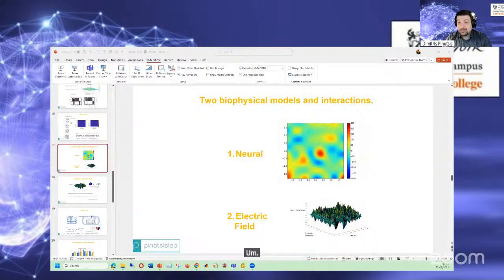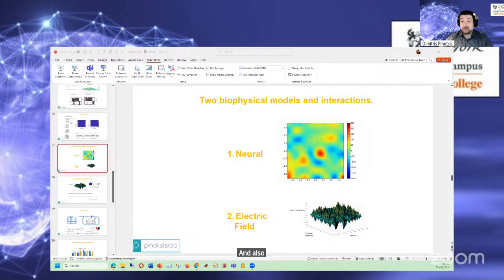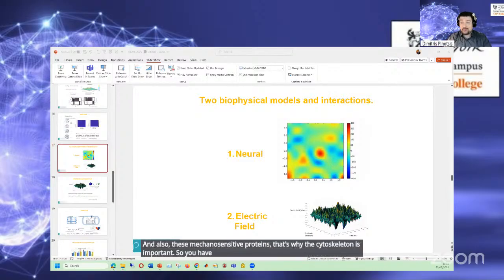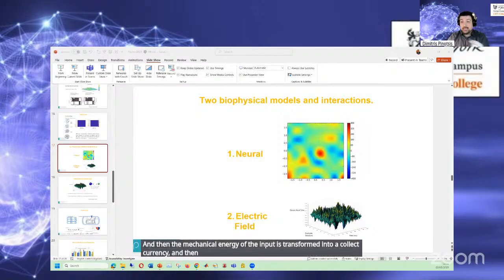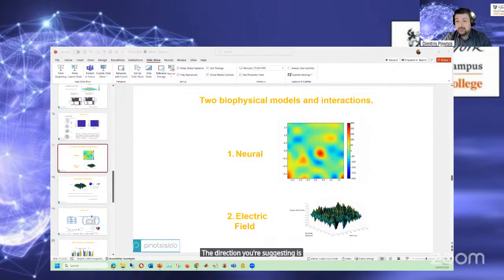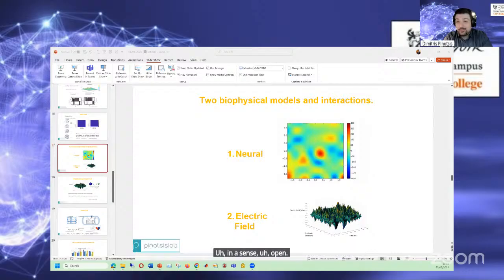There are also biological processes that help, like mechanotransduction and mechanosensitive proteins, which is why the cytoskeleton is important. The mechanical energy of the input is transformed into electrical energy, and it feeds back and tries to organize neurons. The direction you're suggesting, learning as development, is a very interesting, open problem.